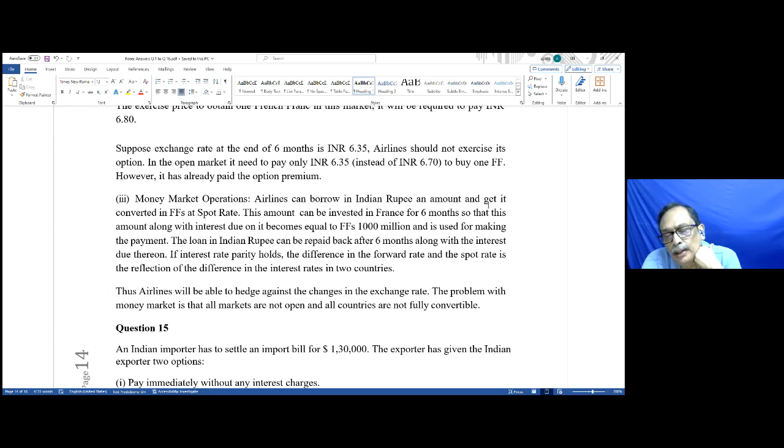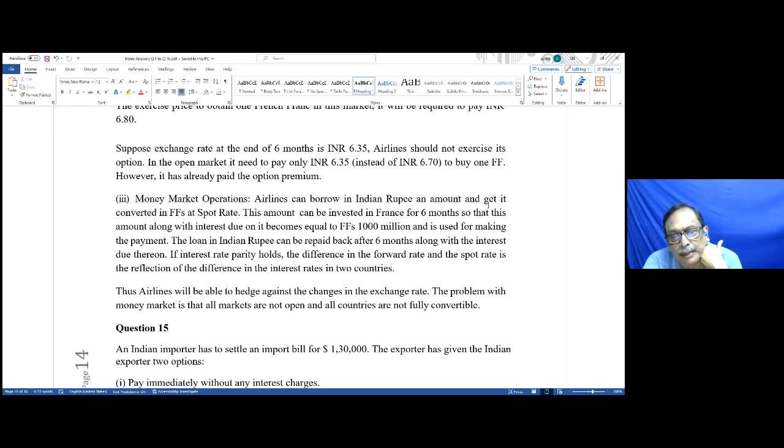Now, there is a theory called interest rate parity. If interest rate parity holds, the difference in the forward rate and the spot rate is a reflection of the difference in the interest rates in two countries. Thus, airlines will be able to hedge against the changes in the exchange rate.